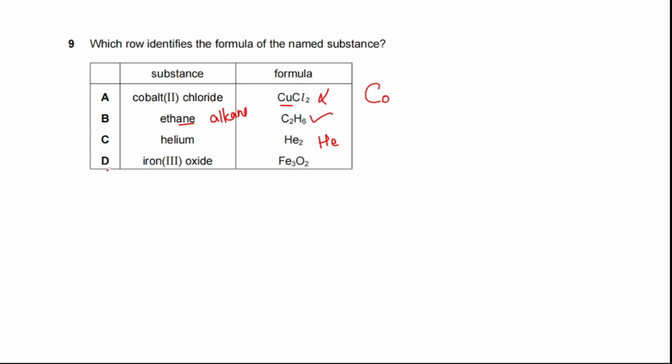And for option D, it's iron 3 oxide, which means that this 3 is representing the oxidation number of the iron, and oxygen has an oxidation number of 2 minus. So if you are using the swap and drop method, the actual formula is going to be Fe2O3, not Fe3O2. So the correct option is option B.